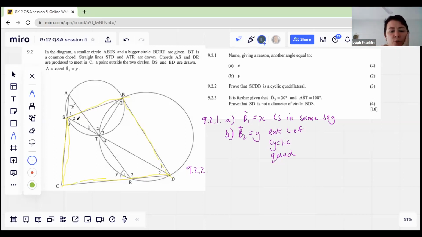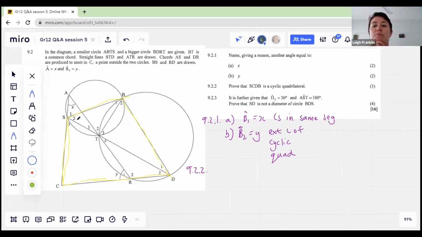So when it comes to proving quads are cyclic, there are 3 ways that it can be done. Is there anybody who can quickly tell me what that is? They all start with converse. Someone was going to say something? Okay, Karaba, what were you going to say?